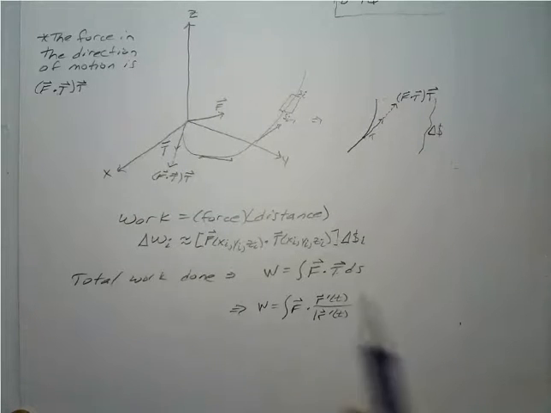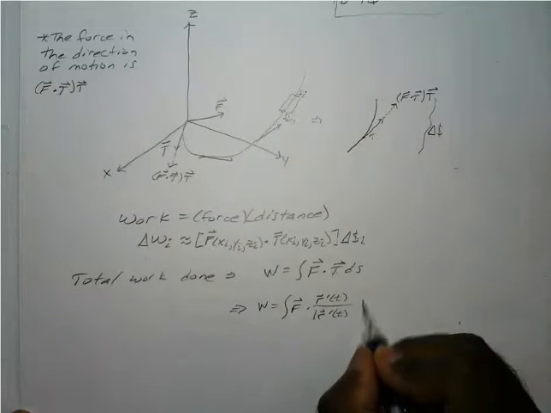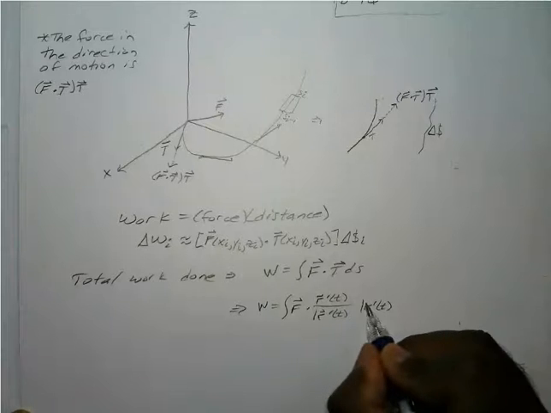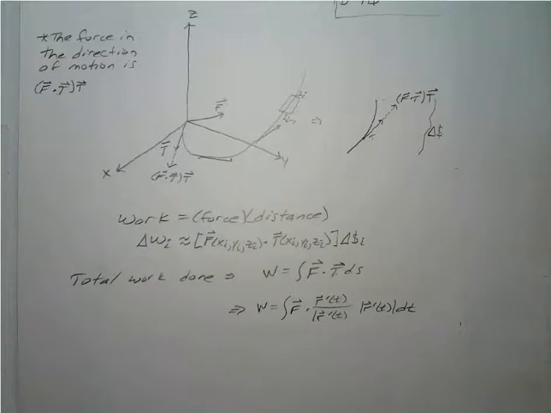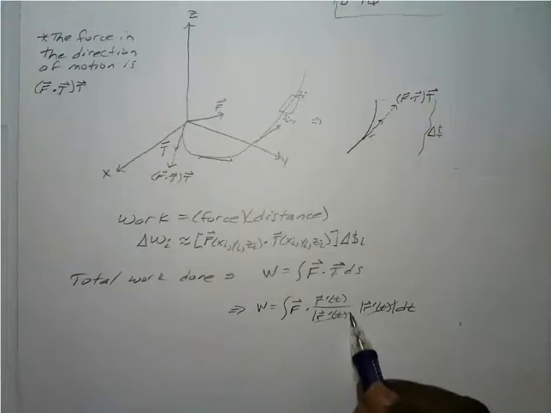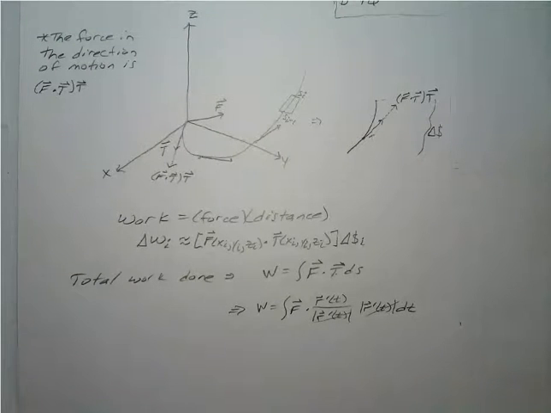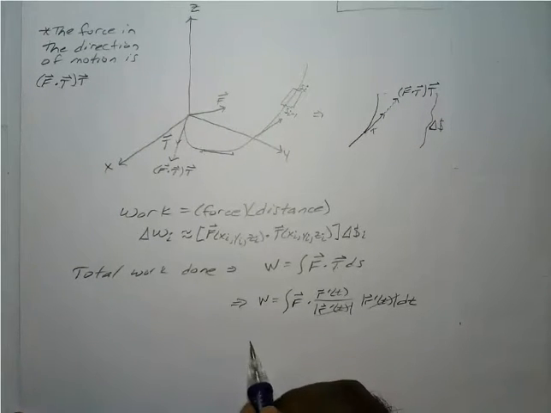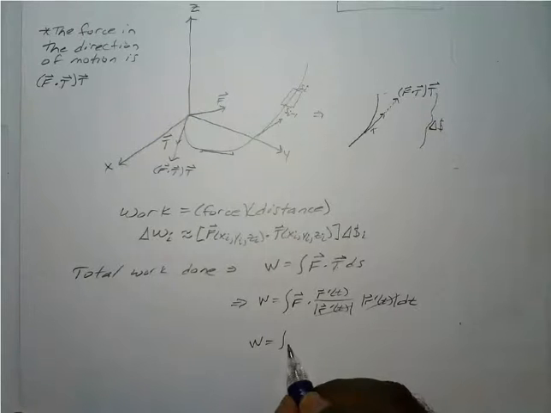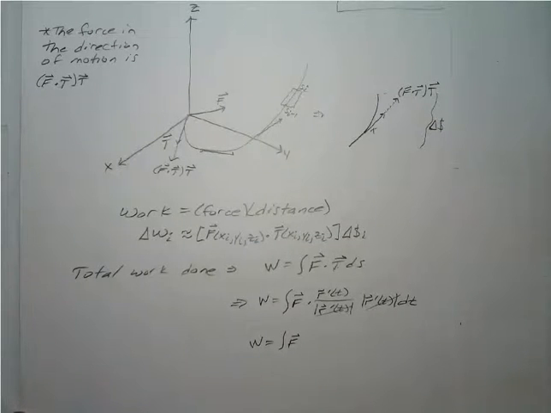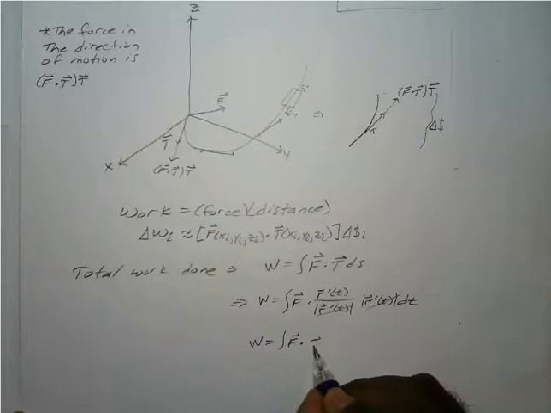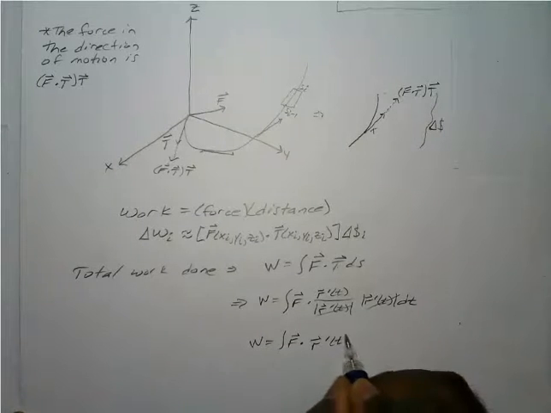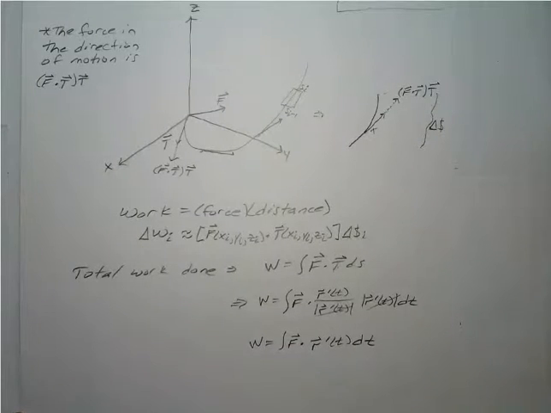Remember, your ds, that's actually equal to the magnitude of r prime of t with respect to t. So of course these two are going to cancel each other out. So your work can be equal to your force and that dot product of r prime of t with respect to t.